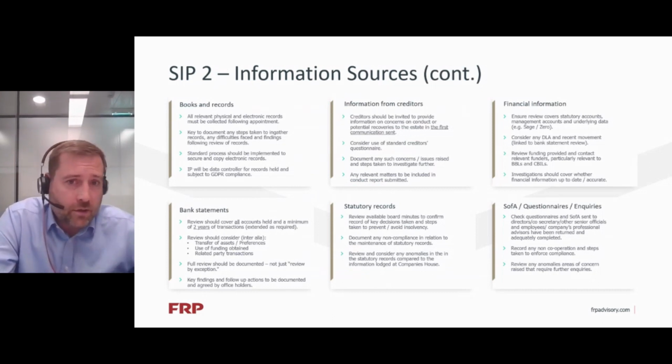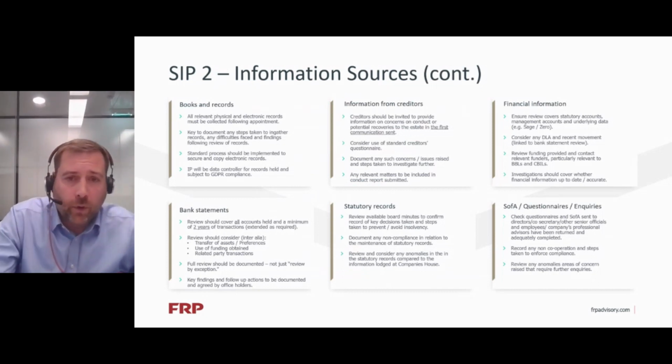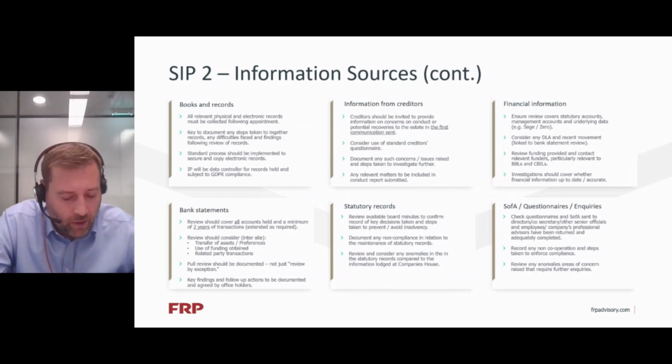And as a result of that, we need to go further back to see what support schemes were obtained, and how were they used. The bank statement review would typically cover transfer of assets, preferences, how funding has been used, related party transactions, personal expenditure, round figure payments, that kind of thing.